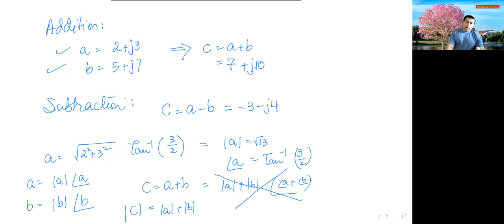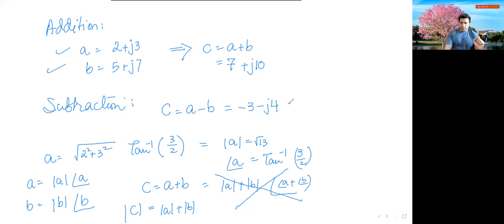So when you add them together or subtract them, you're going to get rectangular form. Then go ahead and convert the rectangular form into polar form, as we discussed in lecture number 1. That is what we were doing over here. Calculate the magnitude of the result, C, let's say, and calculate the phase associated with this.